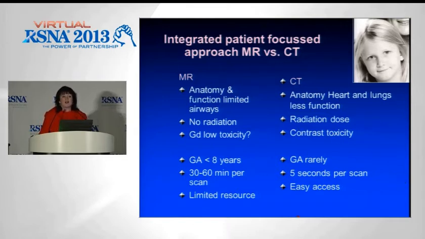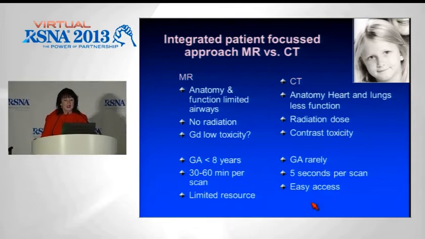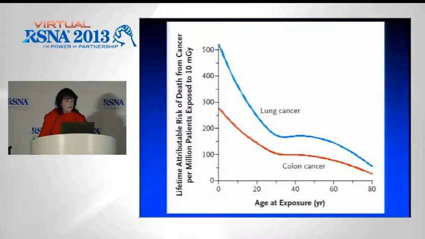One of the very attractive things, in my unit, we do a lot more cardiac MR than we do cardiac CT, and we always give general anaesthesia to children under 5, but sometimes under 8. And that is a significant morbidity factor, I think. The time of the scan and the resources, many people just don't have the ability to get access to these scans. Whereas with CT, it's much quicker, and in fact the newer scanners are really very, very quick.